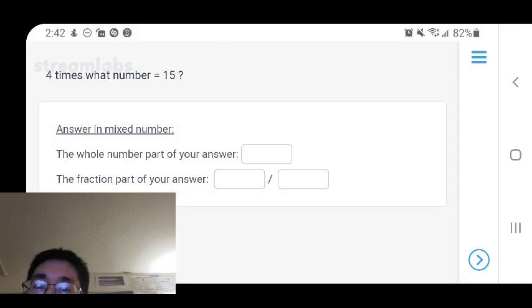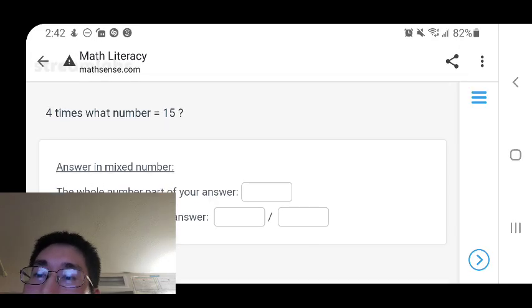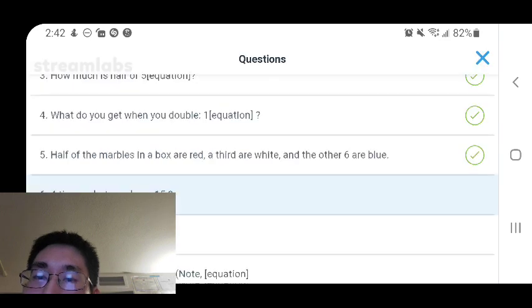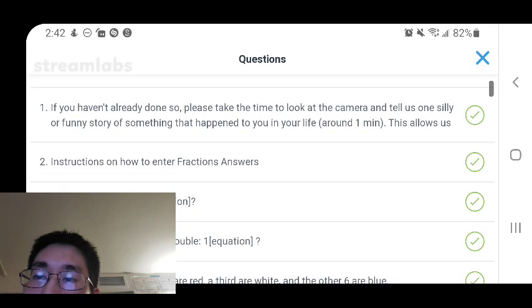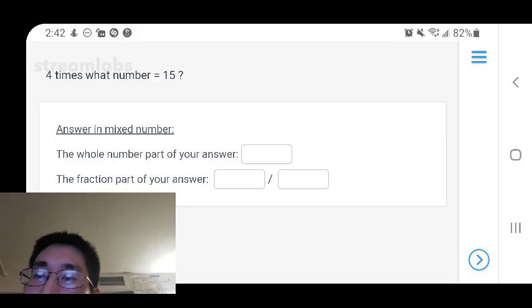Number 6. How do I check my score in this? I assume it's 50. Yeah, that's what it says here. Okay. 4 times what number is 15? So you do 4x equals 15. The number is x that you want to find.